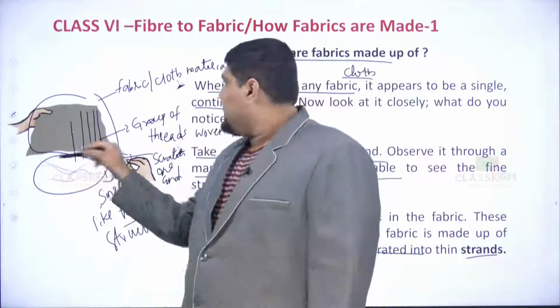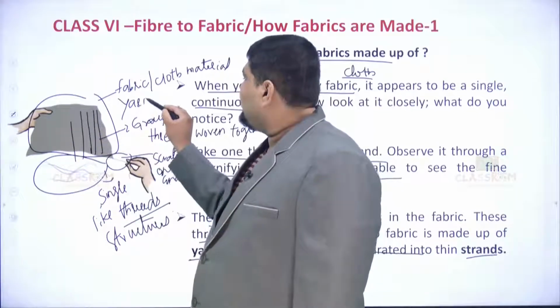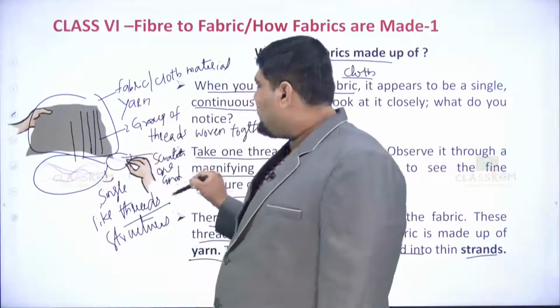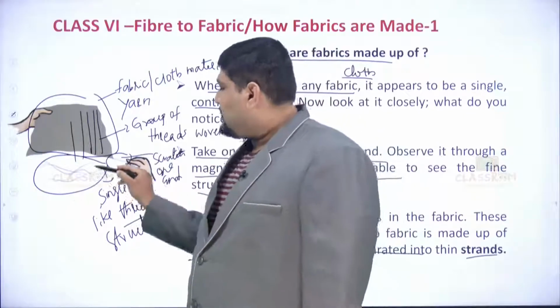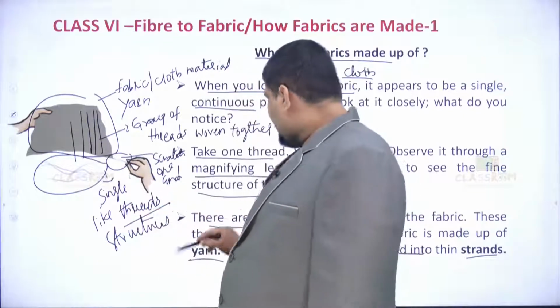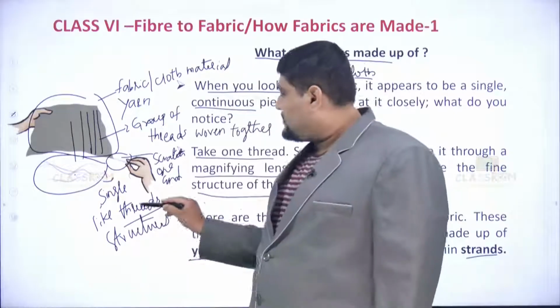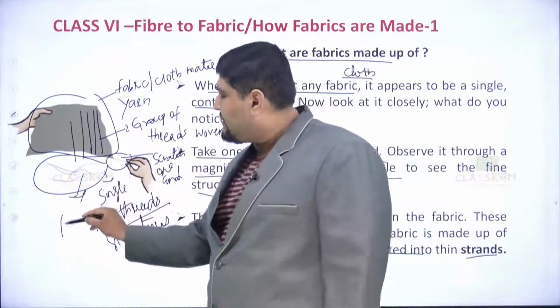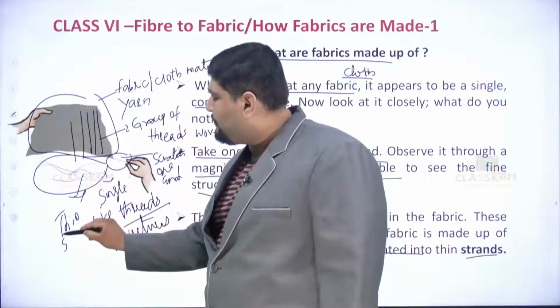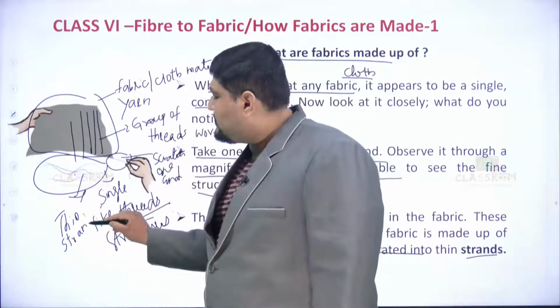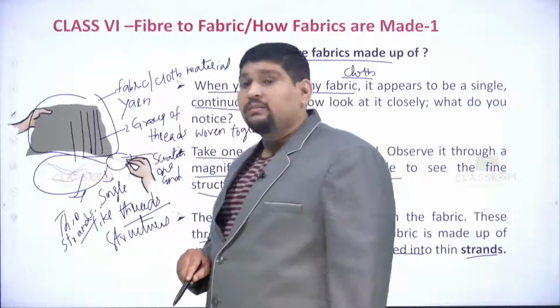When you separate the yarn into single thread-like structures, the end of the yarn is separated into thin strands also. So you can say these are thin strands. These are all the terms, children, which you should remember.